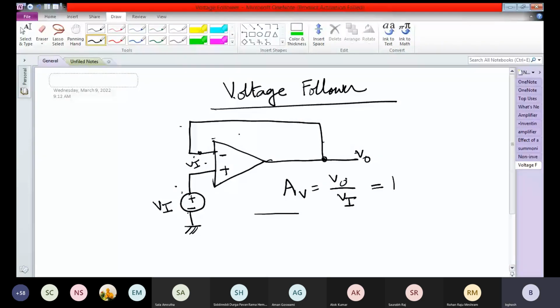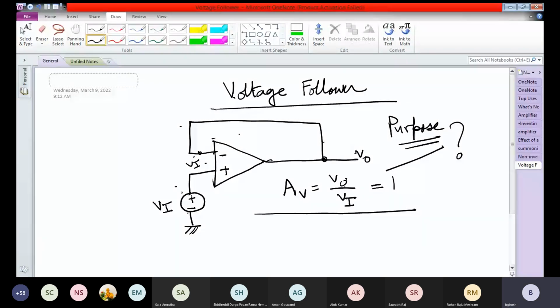So what is the big deal? What are we achieving? What is the purpose? I could as well short V0 and Vi directly, with no operational amplifier.